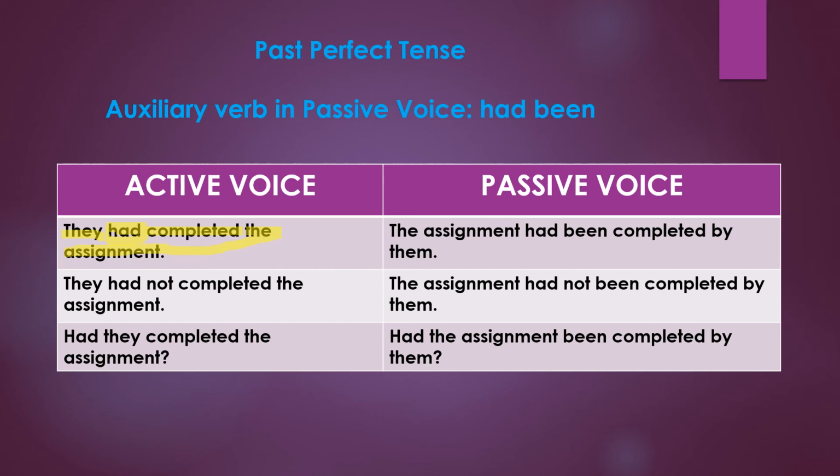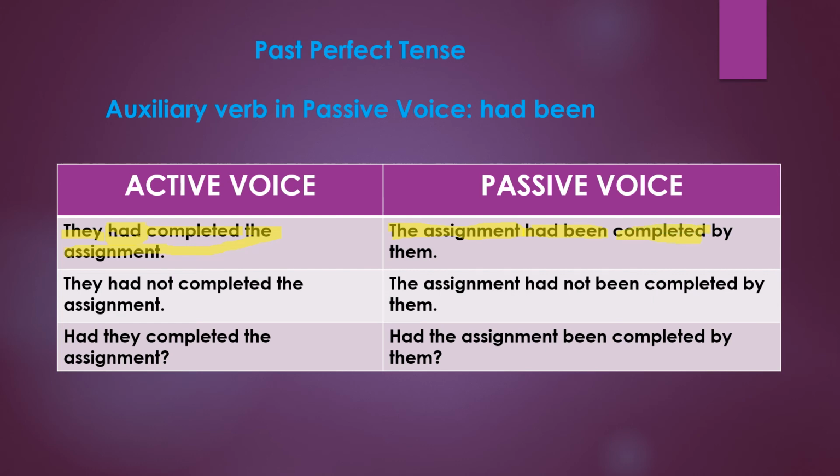To change it into passive voice, first we have to bring the object of the active voice, that is the assignment, in the place of subject in passive voice. Then we need to use the auxiliary verb, that is had been. Then the third form or participle form of verb, completed.